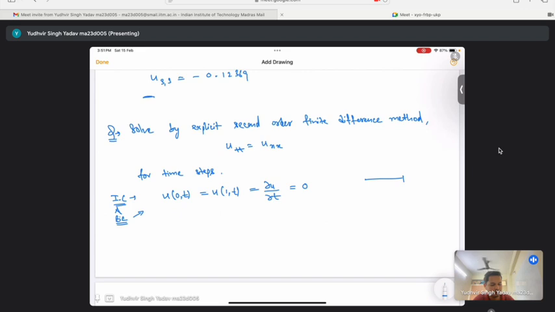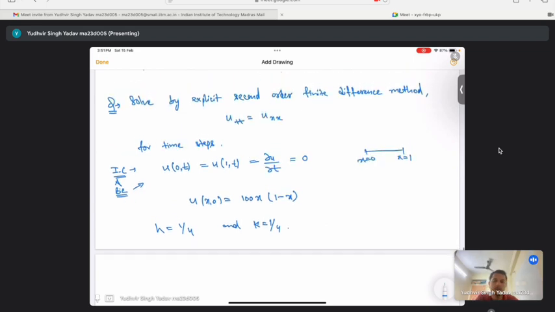So here the domain is from x equals 0 to x equals 1. And this is the given initial and boundary conditions. And another initial condition is u(x,0) equals 100 times x(1 - x). Also the step size is given to be 1/4, and the time step is also 1/4.